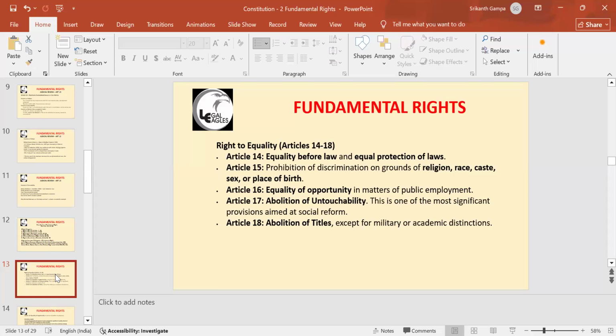They will remove one of religion, race, caste, sex, place of birth, and out of these you identify the correct one. So you can straight away go to Article 15, check the order and take that one. Article 16 says equality of opportunity. Article 17 says abolition of untouchability.